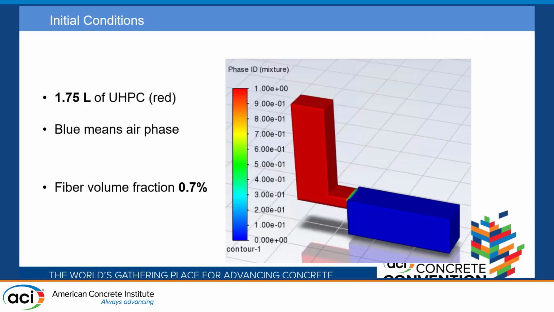So we filled up the L-shaped device completely in the computational model, with 1.75 liters of UHPC mixture with fibers. Everything else is air. And then we apply a fiber volume fraction of 0.7%.